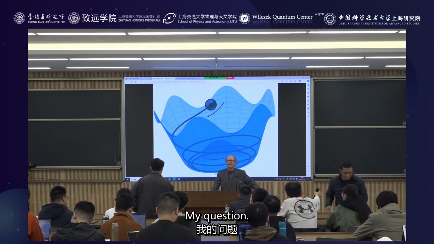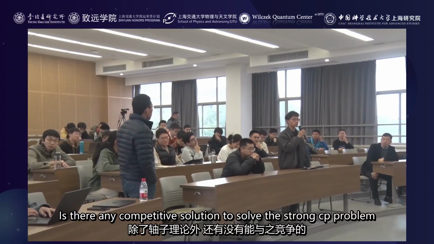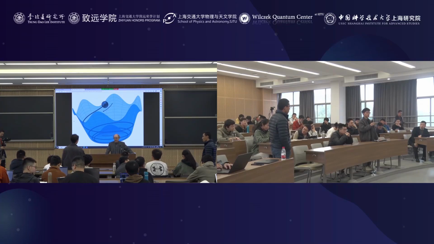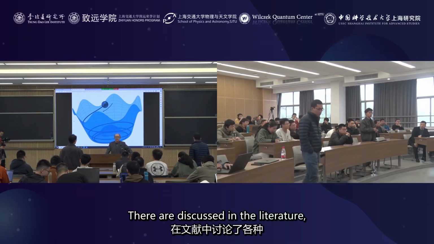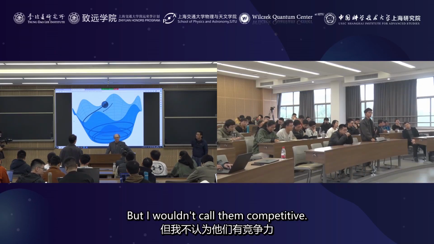Thank you, Professor. My question is: is there any competitive solution to the strong CP problem besides the axions? There are various other proposals discussed in the literature, but I wouldn't call them competitive.